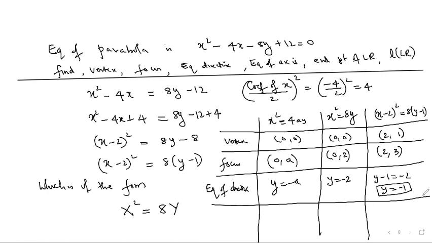Then equation of axis. So x equal to 0 because of y axis. So x minus 2 equal to 0.